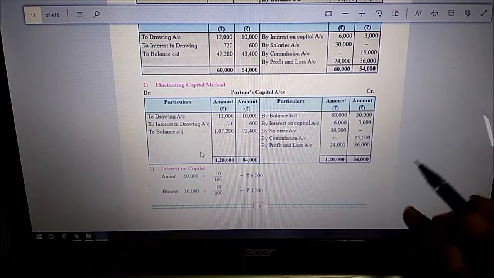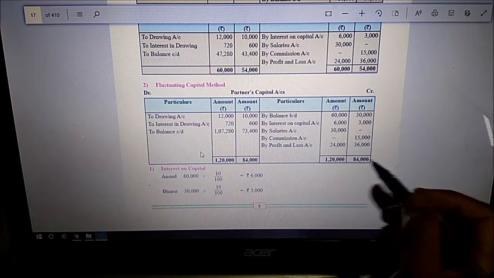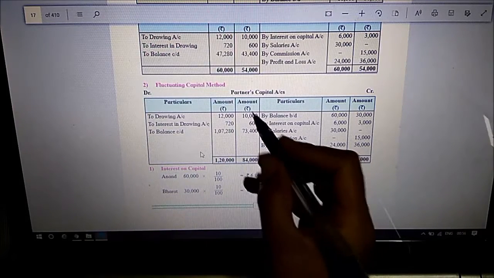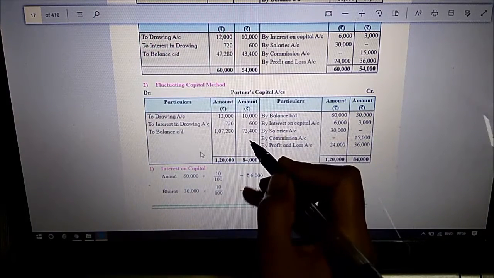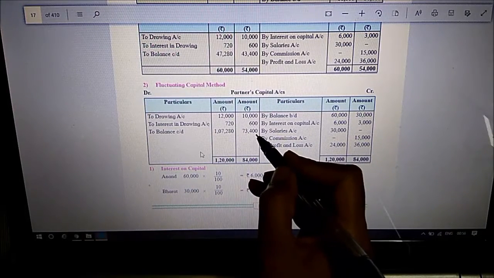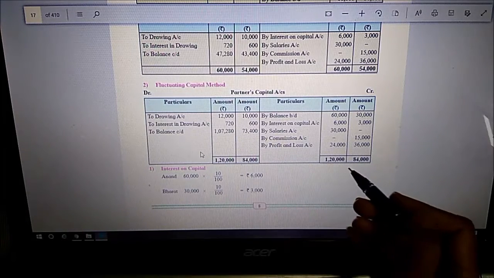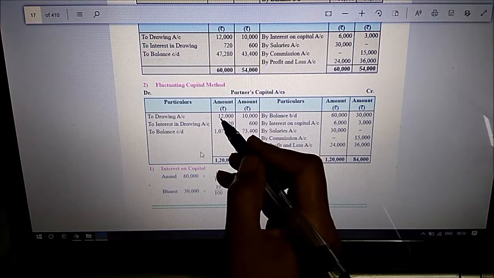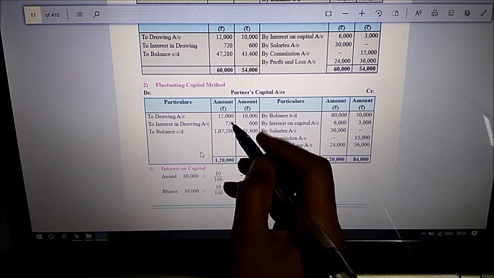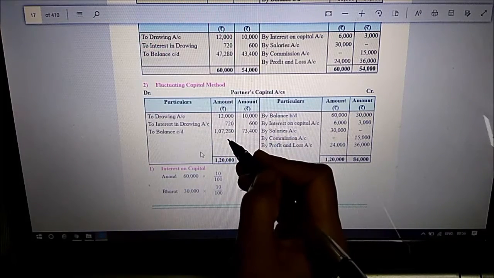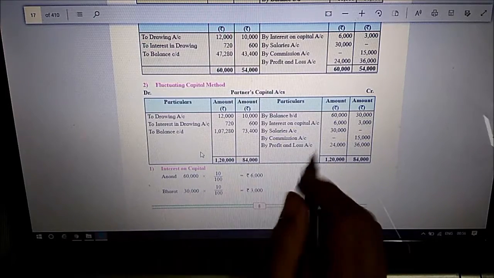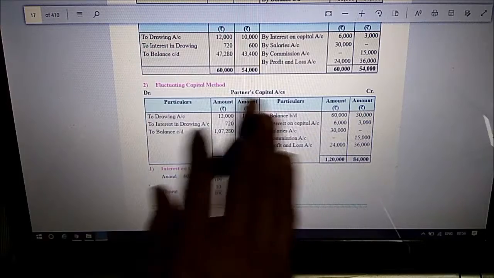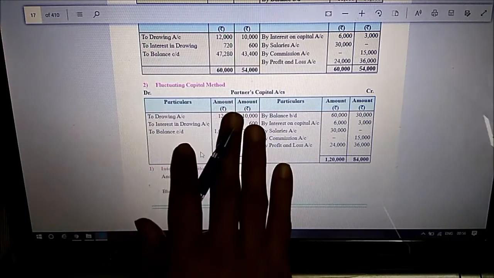From this amount of 84,000, for balancing we subtract 10,600, so we get 73,400 rupees. From the 1,20,000 rupees, we subtract 12,720 rupees, so we get 1,07,280. So this is the calculation of the partners' capital account under the fluctuating capital method.